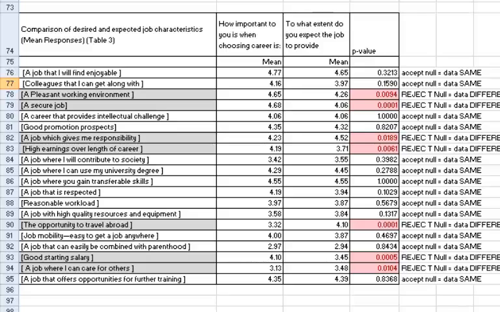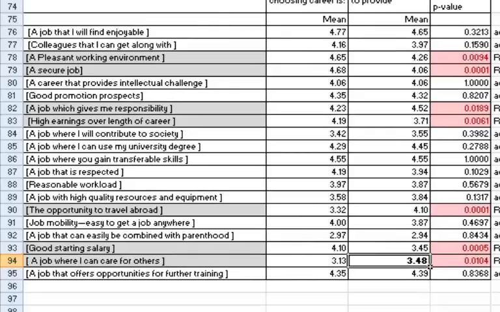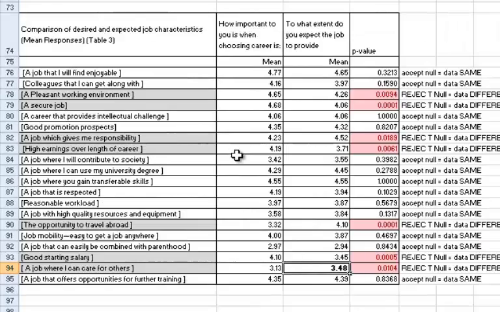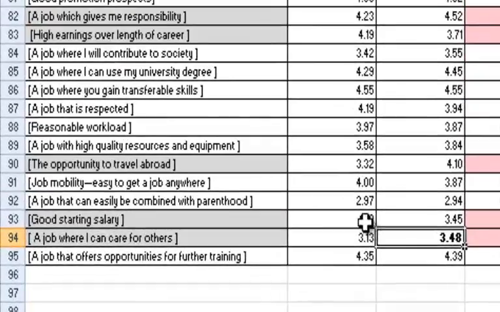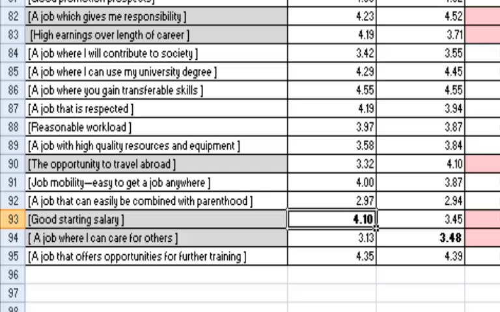Some of those people expect more than they want. So if we look at a job where I can care for others, people expect it more than they want it. If we look at the starting salary, people want it more than they expect it. If we look at job opportunity to travel, they expect it more than they want it.